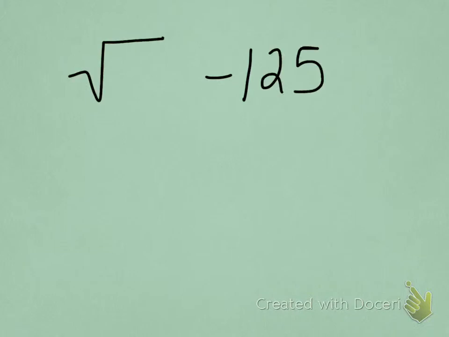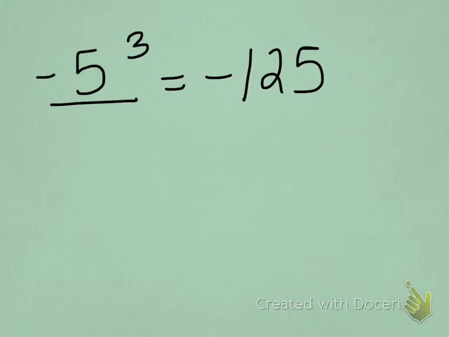Cube roots, however, work a little different. For example, if you want the cube root of negative 125, or what to the 3rd power would equal negative 125, it is negative 5.